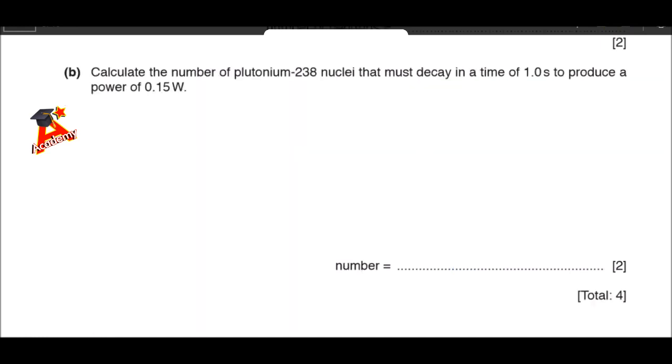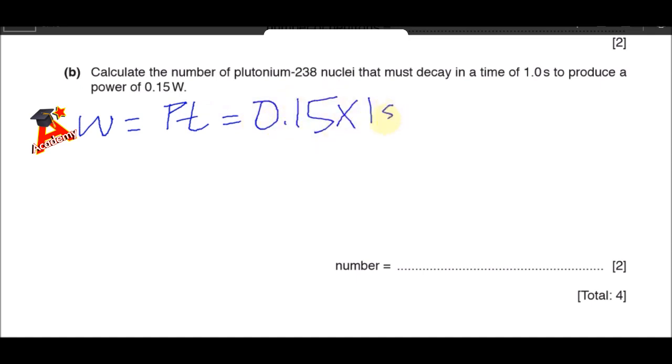Now on to B. For us to get the number of plutonium-238 nuclei required there, we need to remember that power is work done over time taken. So work is power times time. So 0.15 watts times 1 second gives us 0.15 joules. Right, so we need this much energy.